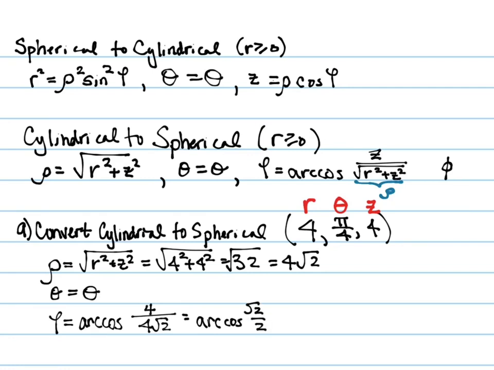Do you know what that angle measure is? Pi over 4. That's right. So the corresponding ordered triple in spherical coordinates would be 4 square root 2, pi over 4, pi over 4.